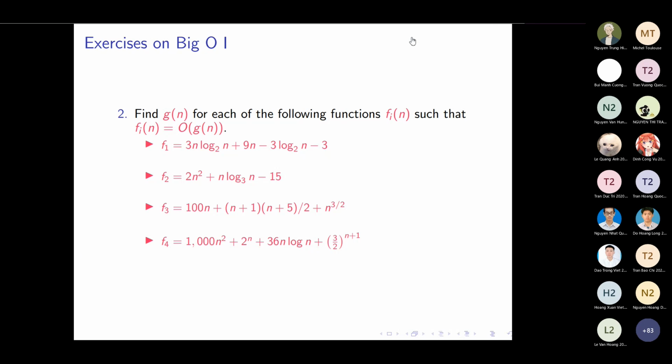Okay. So for F4, can you give the answer for F4? I just uploaded the answer. Okay, thank you. Can you see the answer of F4? Yes, yes. Yeah, okay, that's right. So here is Hoàng Anh Trung's answer.